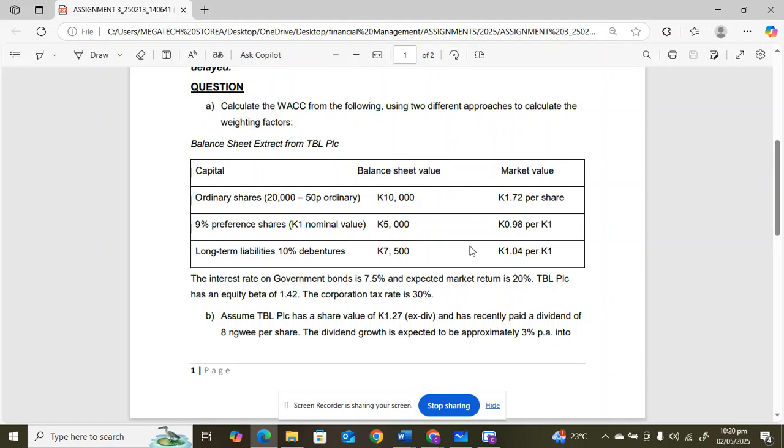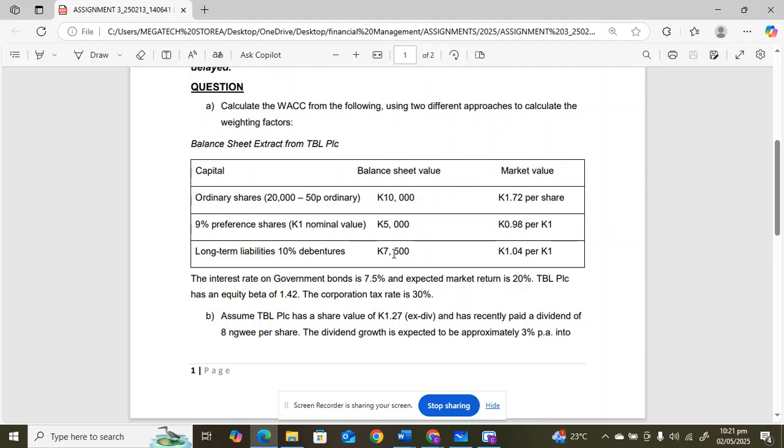Then long-term liabilities, 10% debentures. So just the way a company can issue shares, they can also issue debt. Okay, this debt is also traded in the bonds market. So this is the value of the debt, 7,500.